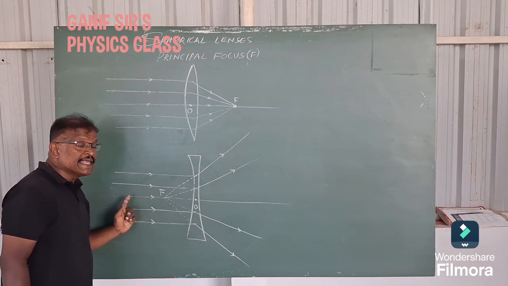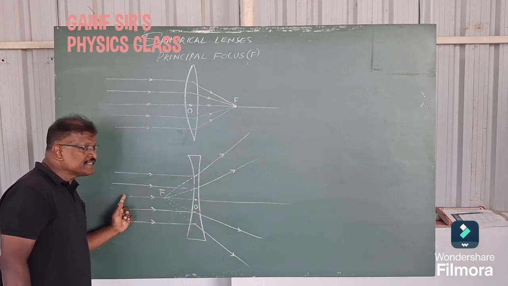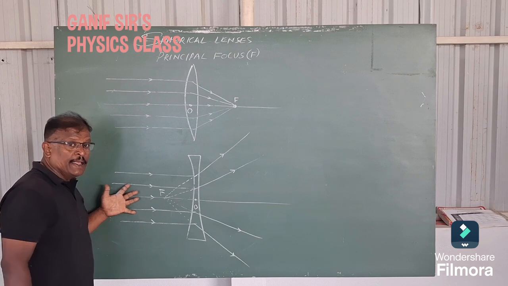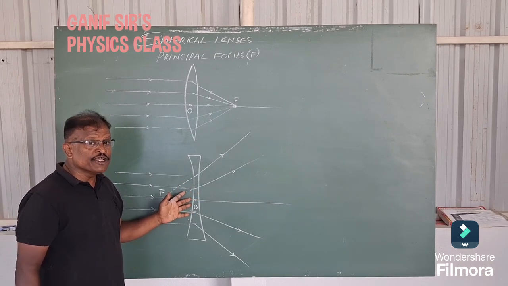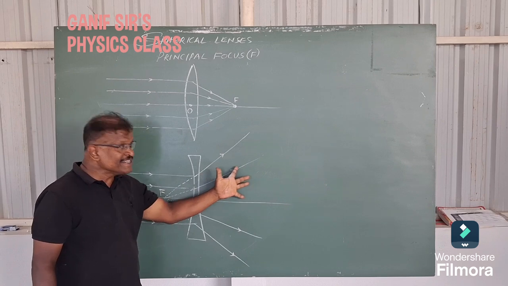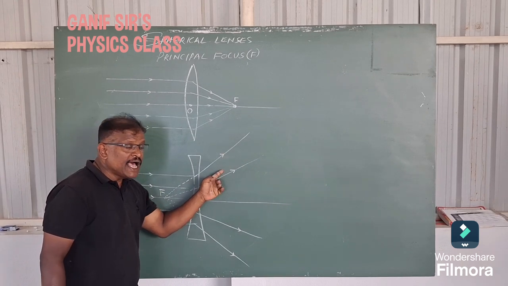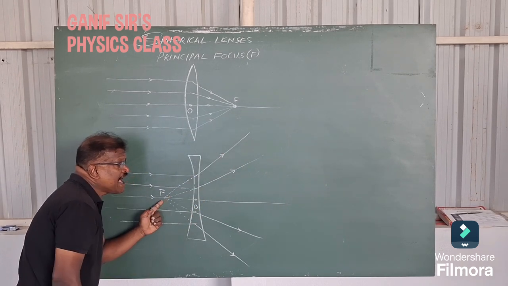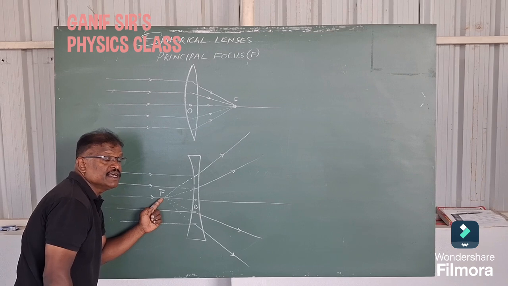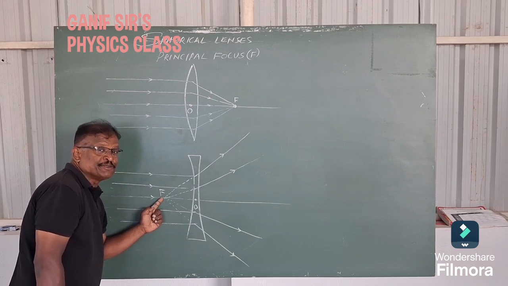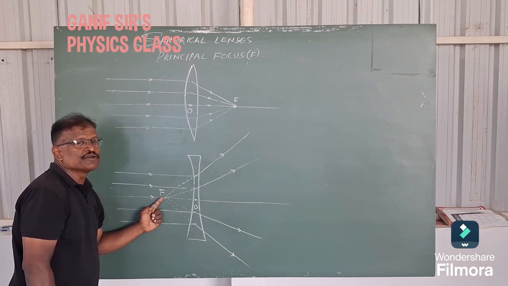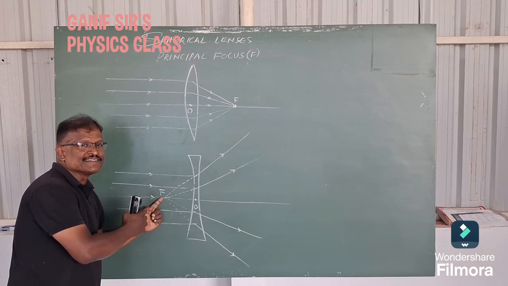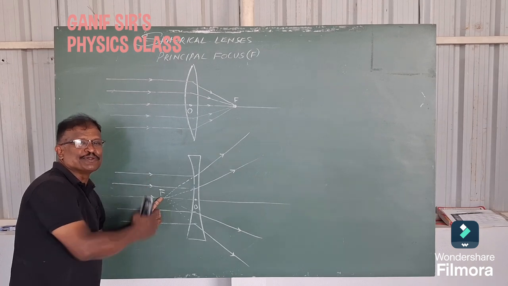Whereas in the case of a concave lens, when a ray parallel to the principal axis is incident on it, after refraction it appears as if these rays have diverged from a point on the principal axis, and that point is the principal focus of a concave lens, which is imaginary, which is virtual.